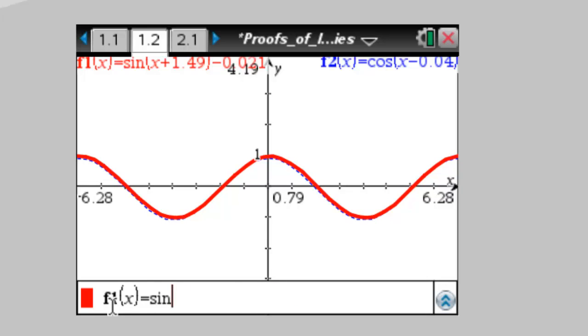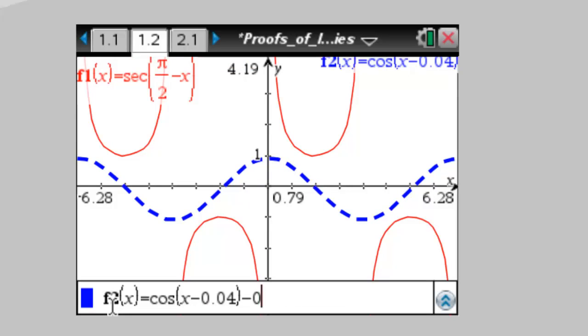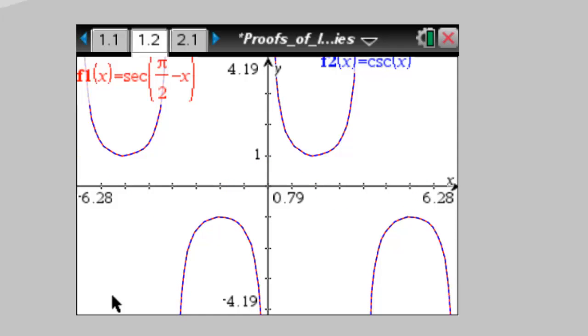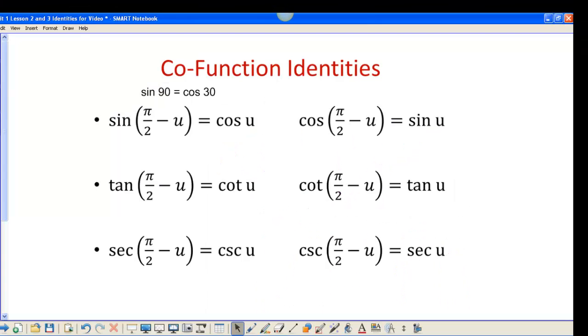Again, if you would like to see another set why it works, I could do the secant of pi over 2 minus x, and that is going to be equivalent to the cosecant of x. They will be the same graph.